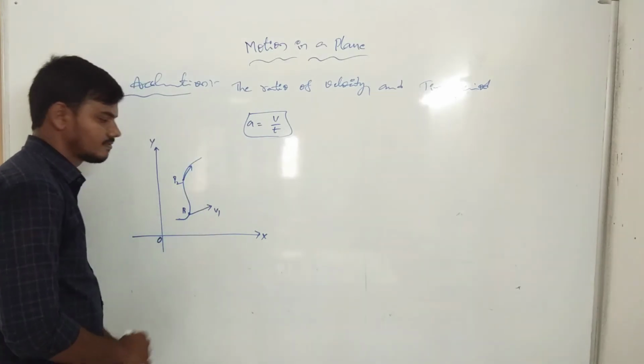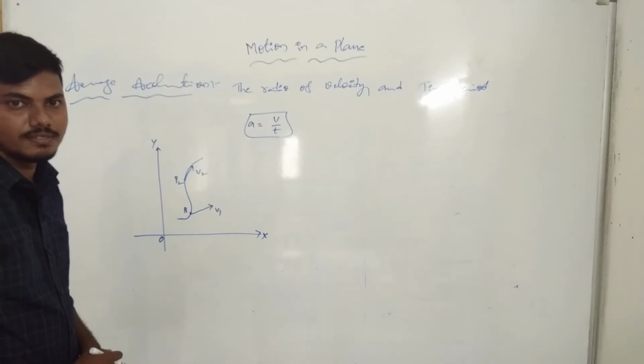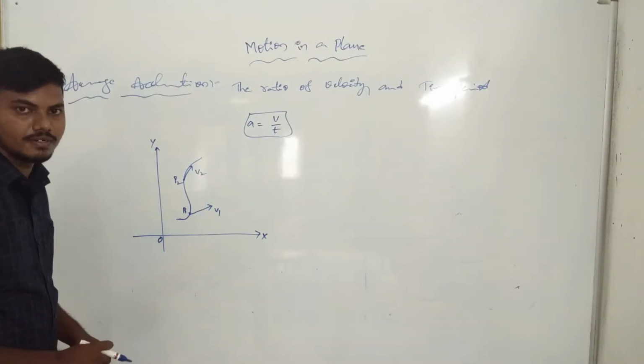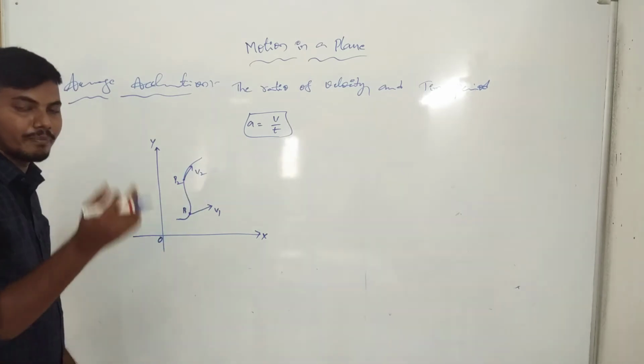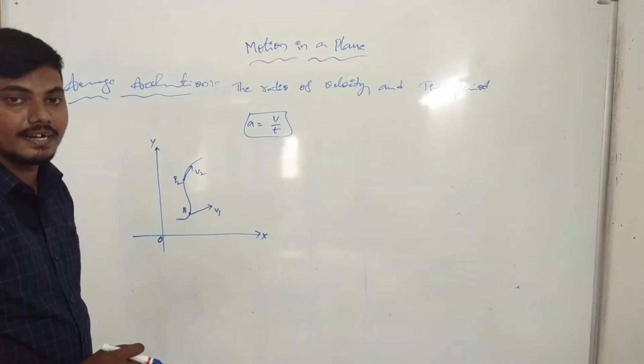This is the direction at V2 velocity. Clear? At V2 velocity there are two positions. We know this from our previous topic, vector addition by the head and tail method.